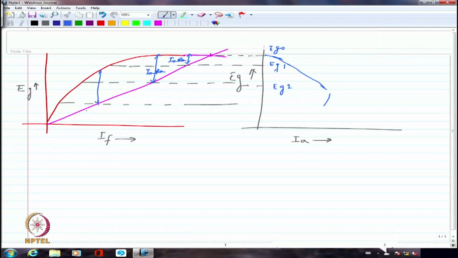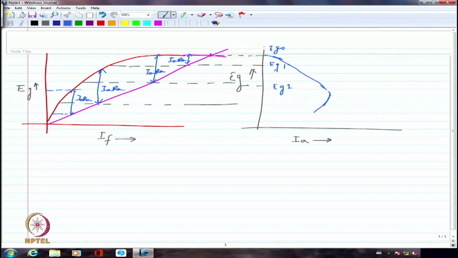Whereas if I look at another voltage like this, I am going to have something like this. Here the IARA drop at this point is not as large as what I am getting here. Here it is larger, whereas here it is slightly smaller, so it comes in the decreasing direction.